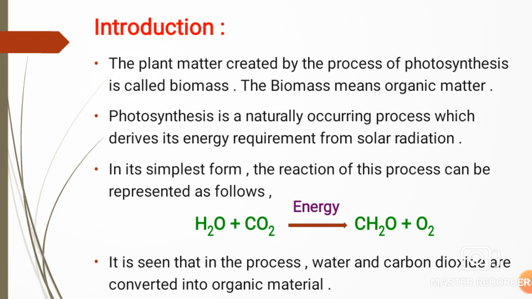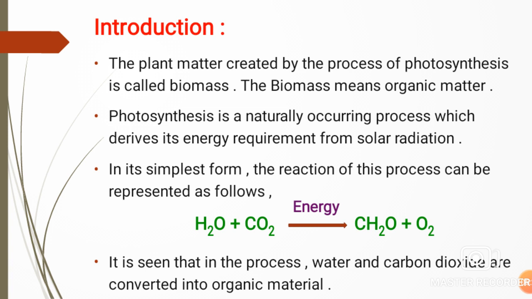We know that the plant takes CO2 and H2O, that is carbon dioxide and water, in the presence of solar energy. Energy is nothing but the solar energy or solar radiation or sunlight, and gives organic matter, that is a carbohydrate, CH2O, plus oxygen. The plant gives oxygen.